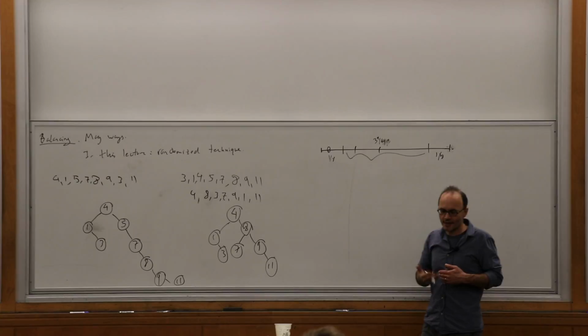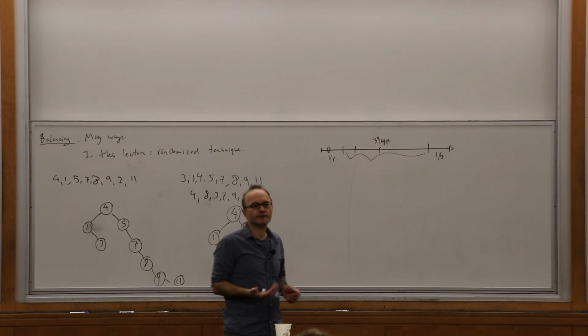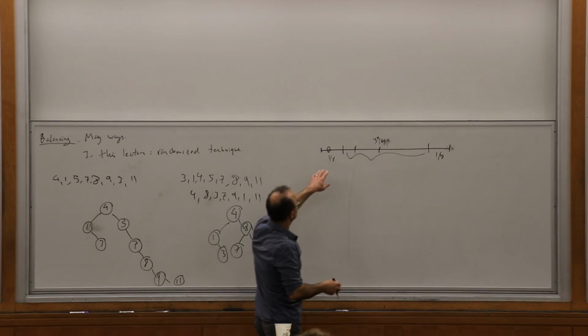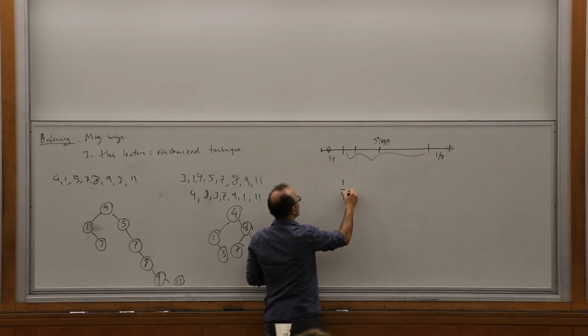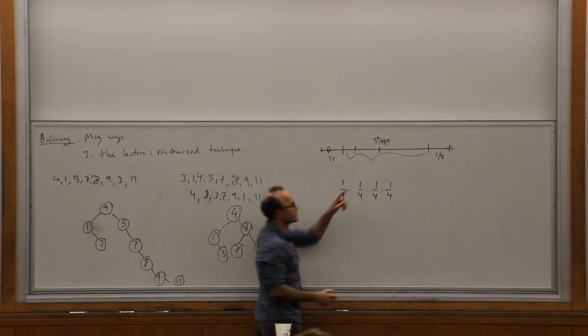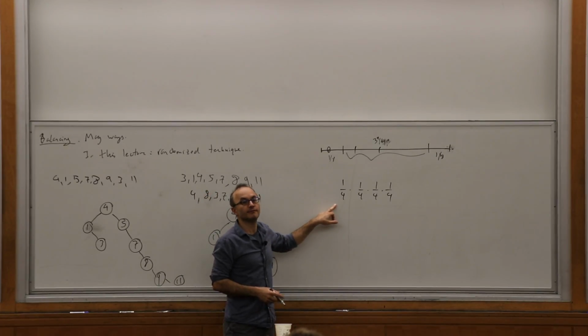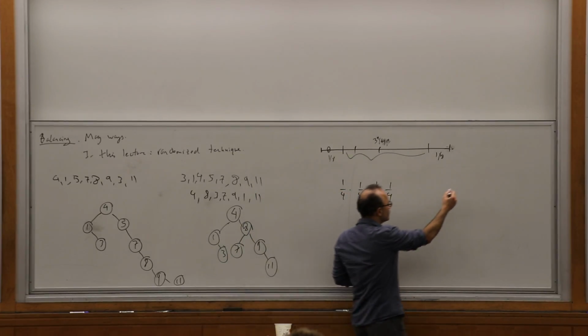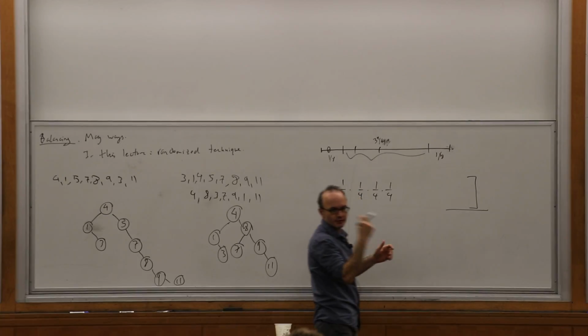If I can somehow get lucky after every constant number of tries, what's the probability that I'm going to keep hitting these guys? Suppose that I throw my dart 4 times. What's the probability that I'm going to always hit the bad part? It's this. That's very, very unlikely. So after 4 darts, I get a perfectly good partition.